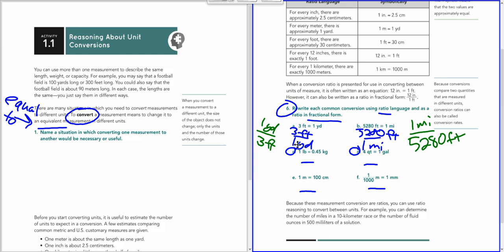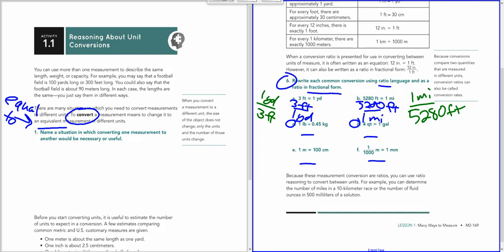So 3 feet over 1 yard. We could also write that as 1 yard over 3 feet. Same thing over here. We do 5,280 feet over 1 mile, or 1 mile for every 5,280 feet. So really, we're not doing anything to this other than changing it from an equation to a ratio.